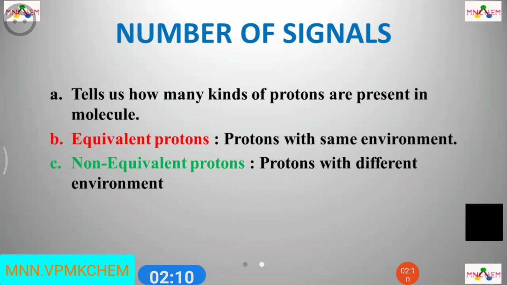While if we take the example of toluene, then the 3 protons of methyl and the remaining 5 aromatic protons of the benzene ring are non-equivalent, and we observe 2 signals or 2 peaks in the NMR spectra. One signal corresponds to the 5 aromatic protons of the benzene ring, and another signal indicates the 3 protons of the methyl group.